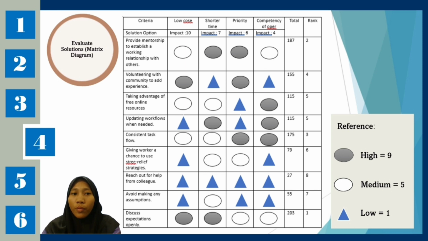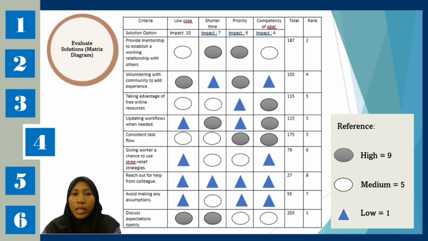The formula of calculation is to multiply the bigger impact with the lower cost criteria, plus high impact from shorter time, plus high impact for the priority, plus low impact of competency of operator.